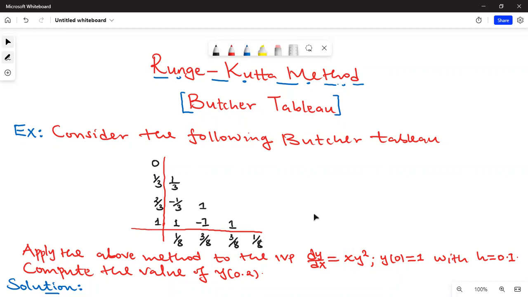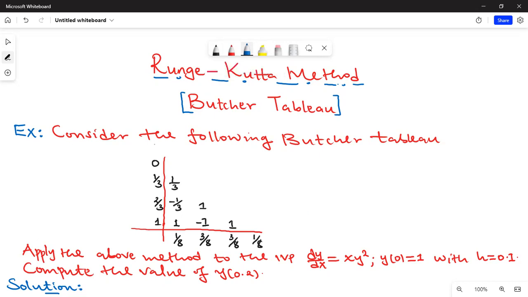So first of all, let me tell you how to interpret this table. Of course, the Butcher table will always give the coefficients of h, k1, k2, k3, and k4 in our definitions of K1, K2, K3, K4, and K. So this is how to interpret it. If you look at the left side of the vertical line, those are the coefficients of h.